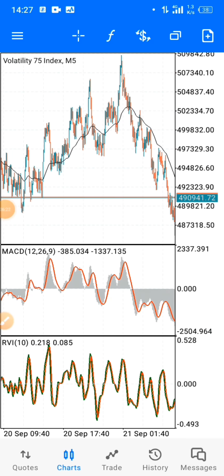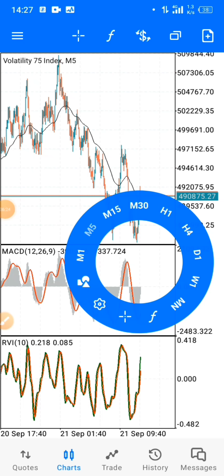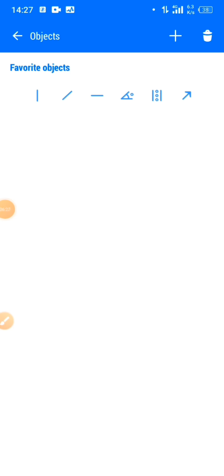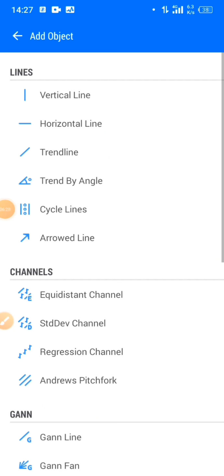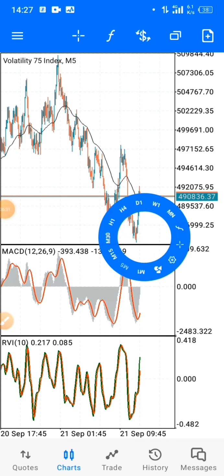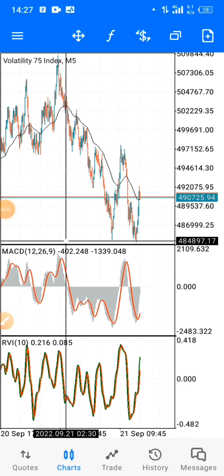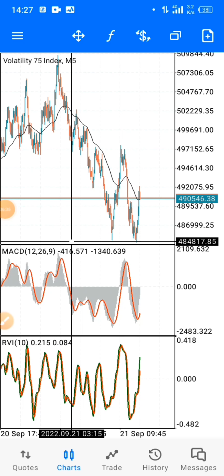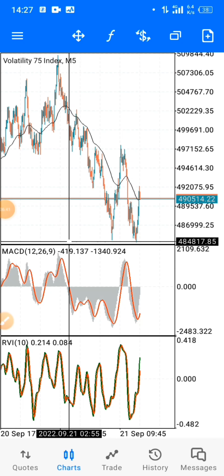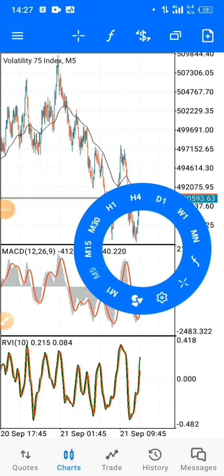The 5 minute time frame, starting from here, was in a downtrend, right? Say from 3 o'clock.